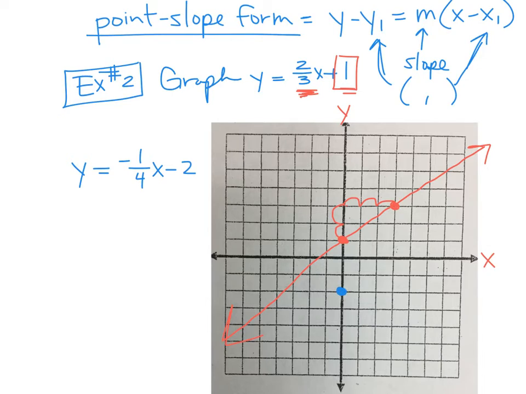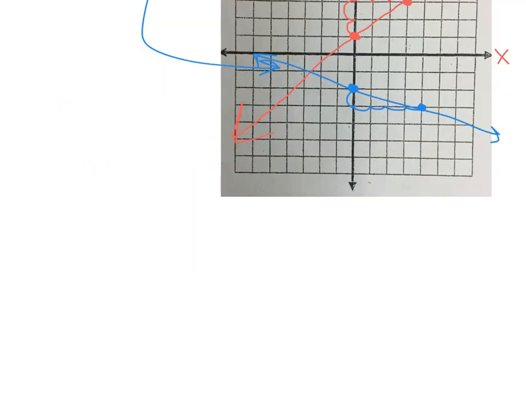Down 1 to the right 4. So you're going to go down 1, 1, 2, 3, 4 over, and then draw that line in. Okay, so this would be this graph, this would be this one. Questions on that? Still coming back? We remember?